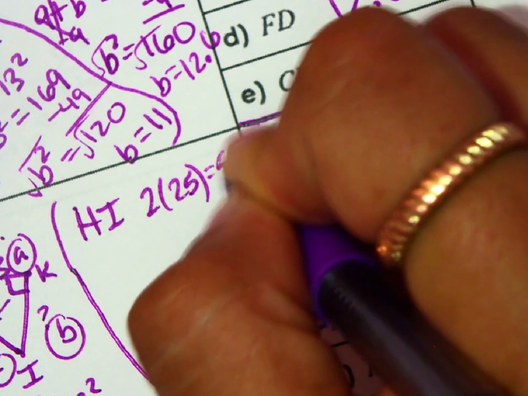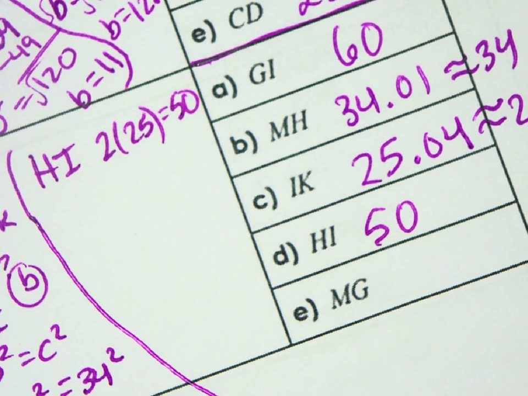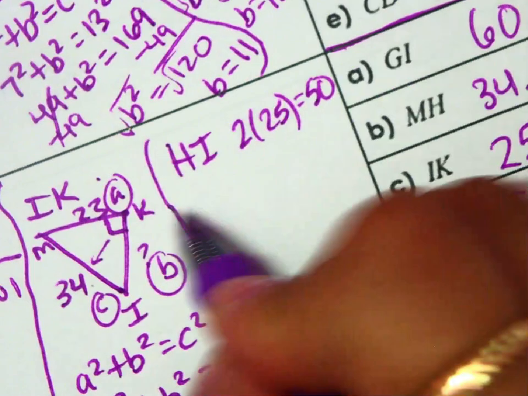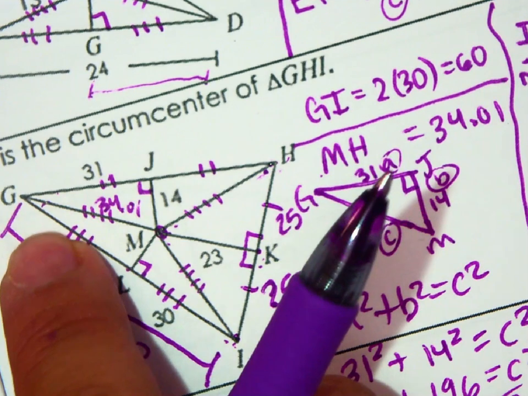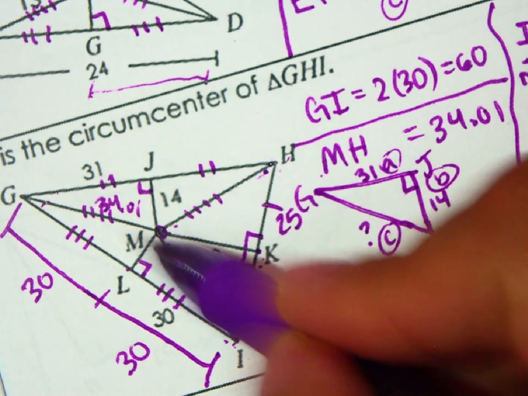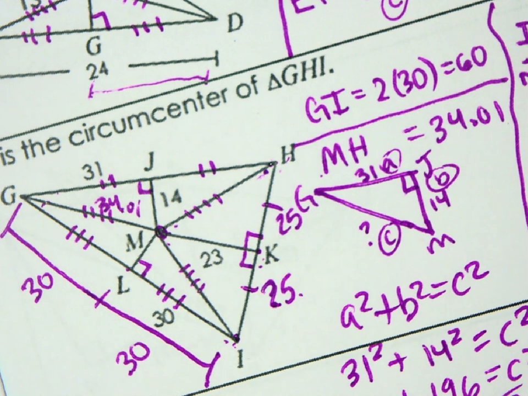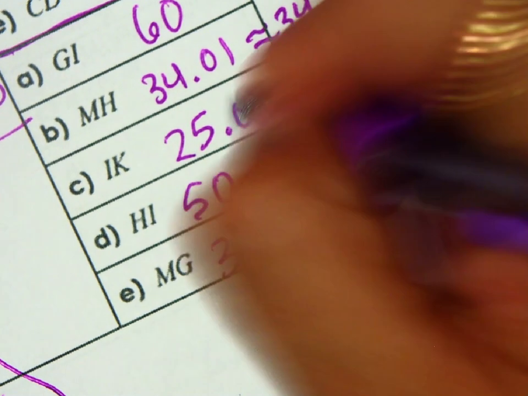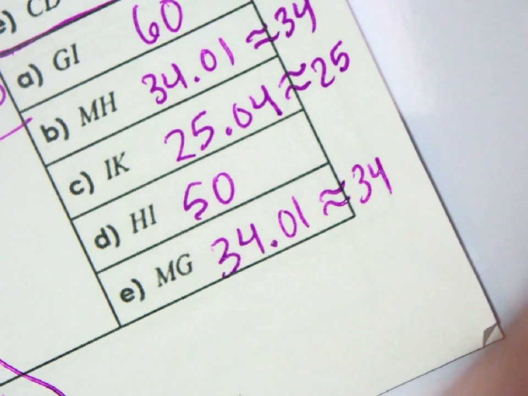So that's 50. Okay. Last one is MG. Let's look at that. M to G. Since we calculated that earlier to find this side and that side, we just answer it. 34.01, which rounds to 34.